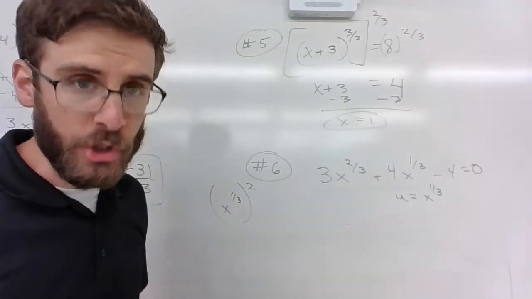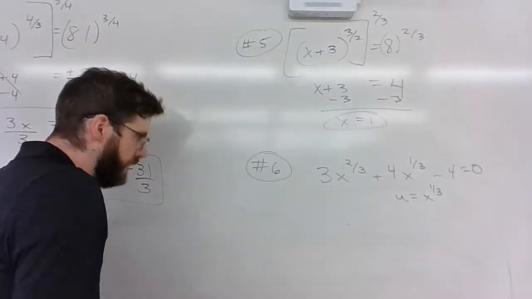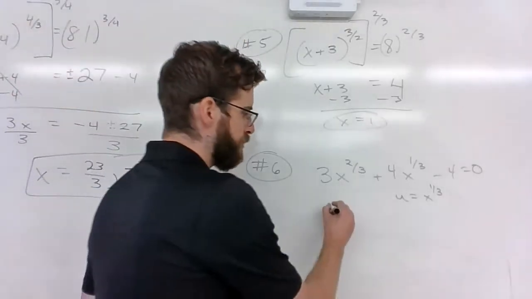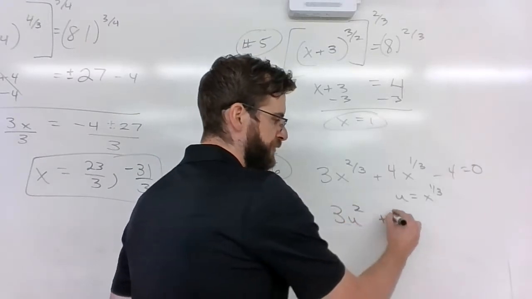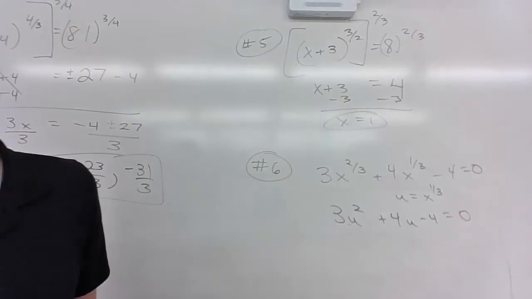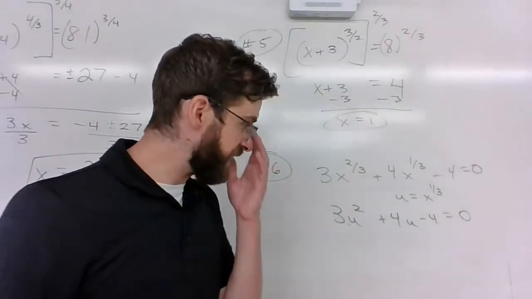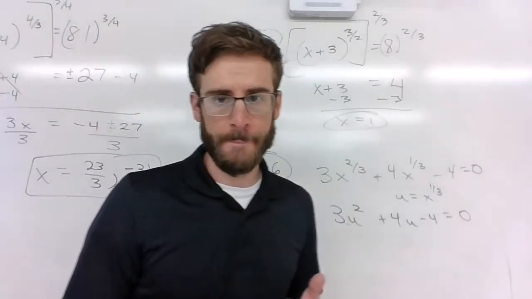So if we make u x to the 1/3, we're essentially solving 3u squared plus 4u minus 4 equals 0.